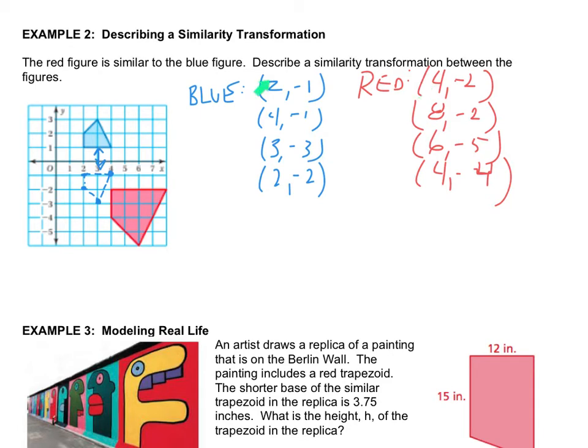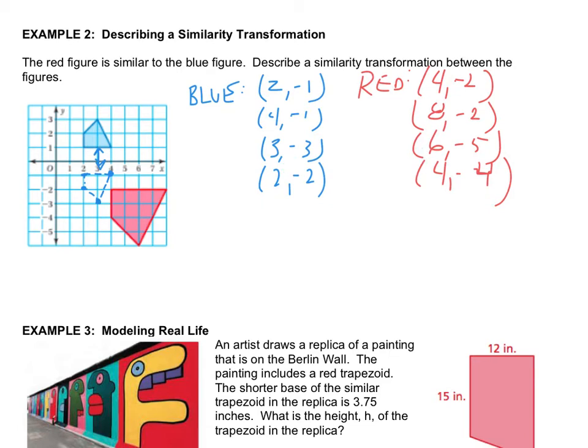So 2 times what number is 4? 2 times 2. Negative 1 times what number is negative 2? Also 2. 4 times what number is 8? 2. Negative 1 times what number is negative 2? 2. 3 times what number is 6? 2. Negative 3 times what number?